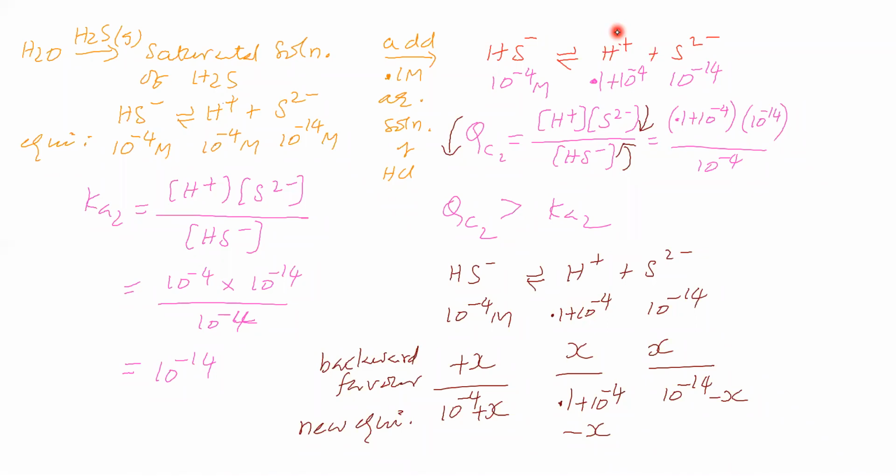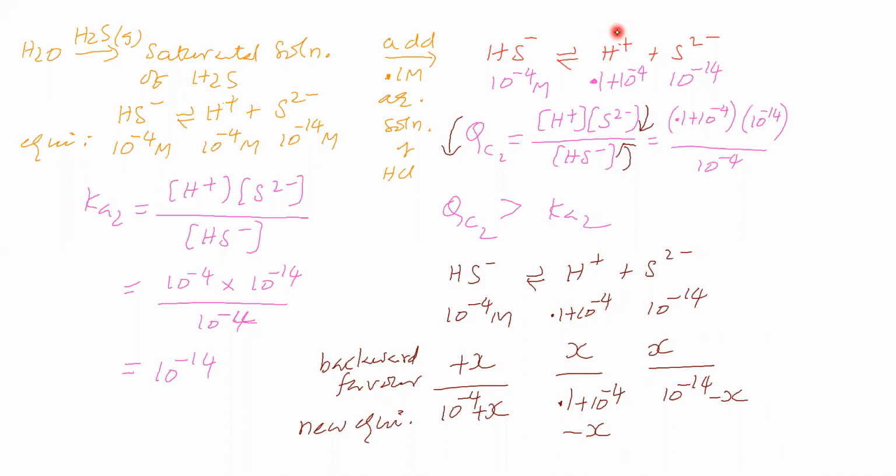So, shall we say, since we added common ion H plus into the system, the concentration of sulfide decreases. So the concentration of sulfide decreases due to the common ion effect.